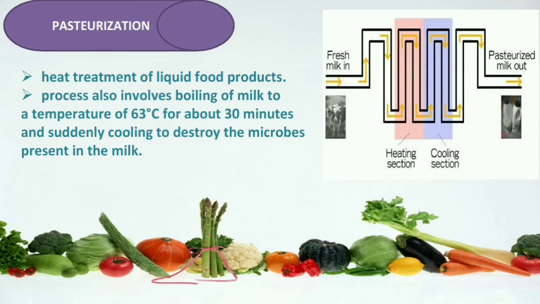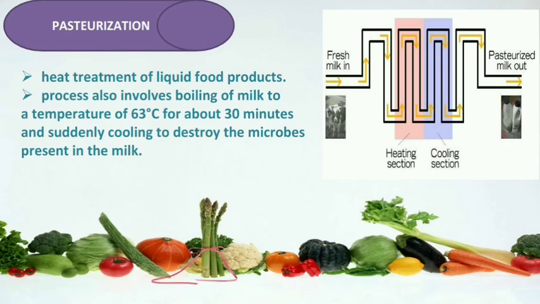The milk is heated to a temperature of 63 degrees Celsius for about 30 minutes and suddenly cooled to destroy the microbes present in the milk. Pasteurization may be applied to both packaged and unpackaged solids and liquids. Commonly pasteurized products are milk, syrup, vinegar, wine, etc.